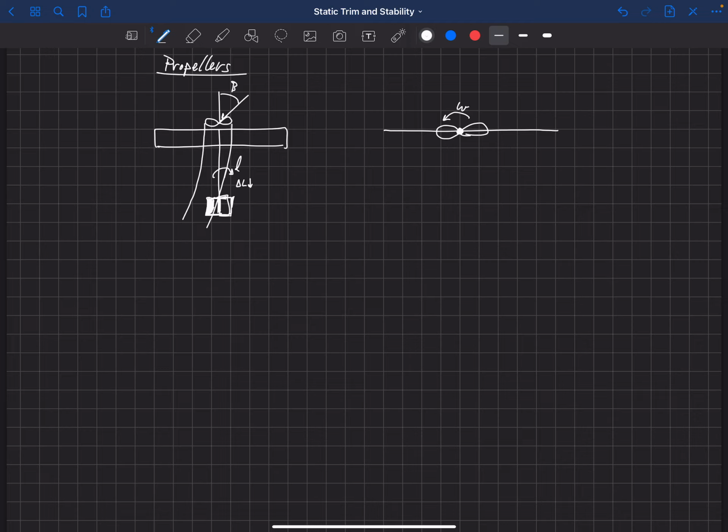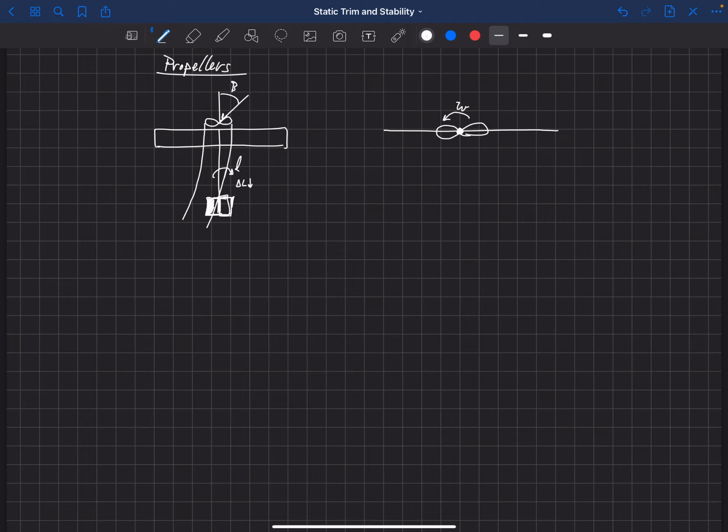And we'll say that it's rotating at a rate of omega. Okay, so that omega is going to the right. Well, that creates a slipstream behind it that is also moving in the same direction, with the same rotation as it moves down the slipstream. So that's inducing a flow field behind it in the slipstream that is also rotating to the right, according to our right-handed rule here.